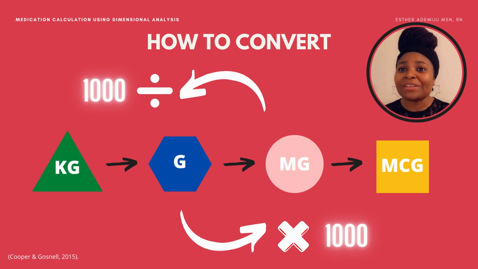But if you were going the reverse way, if you were going from gram to kilogram or from milligram to gram, you would divide by 1,000. So that's what this is basically showing you. It's a quick way to remember, oh, how do I convert from kilogram to gram? Oh, I multiply. How do I go from small to big? I divide.